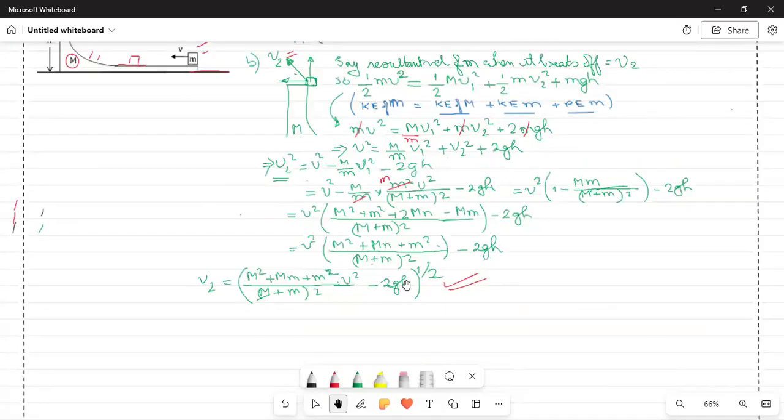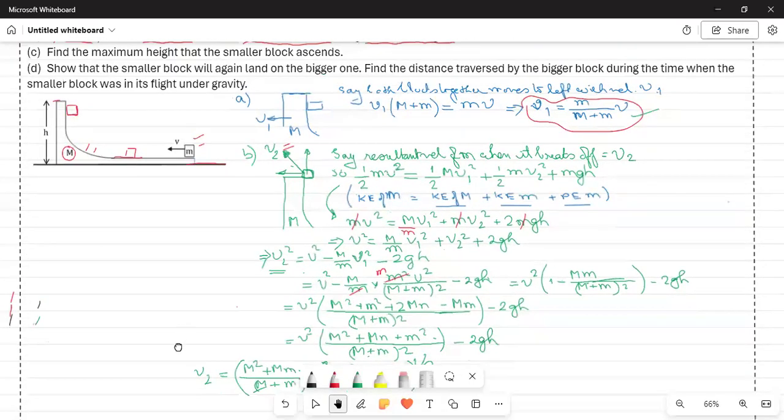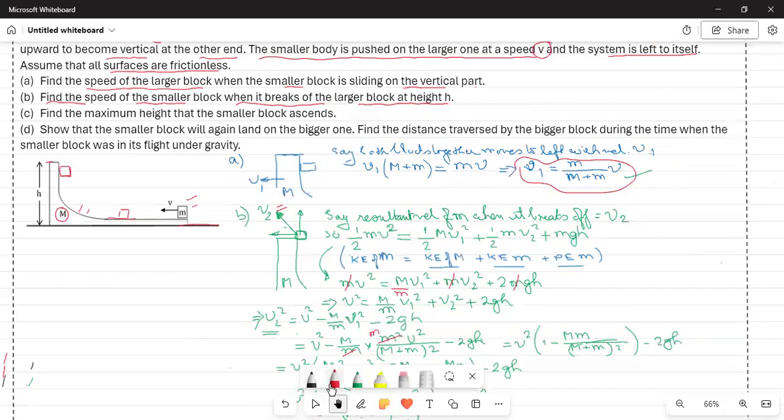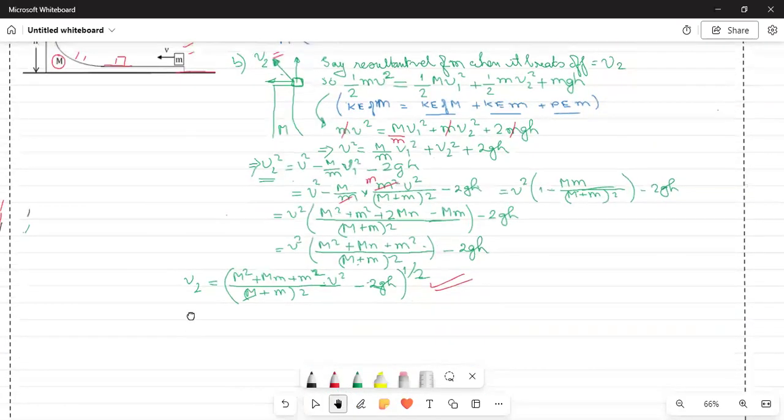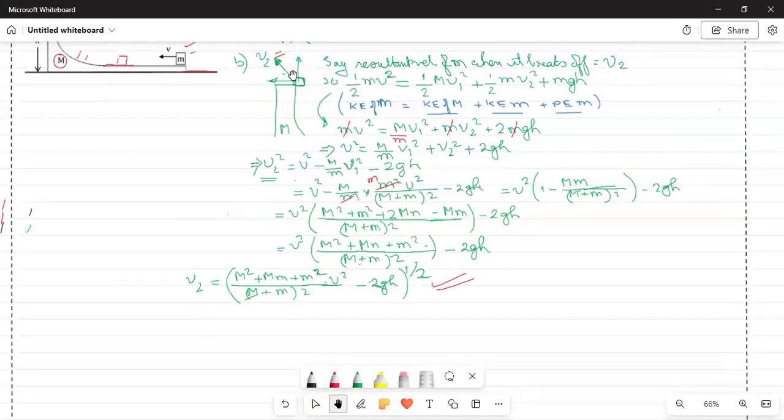Fine. Now, what is the next question? Next question says, find the maximum height that the smaller block ascends. We have seen the smaller block lifts off with a velocity at a little angle towards the right.